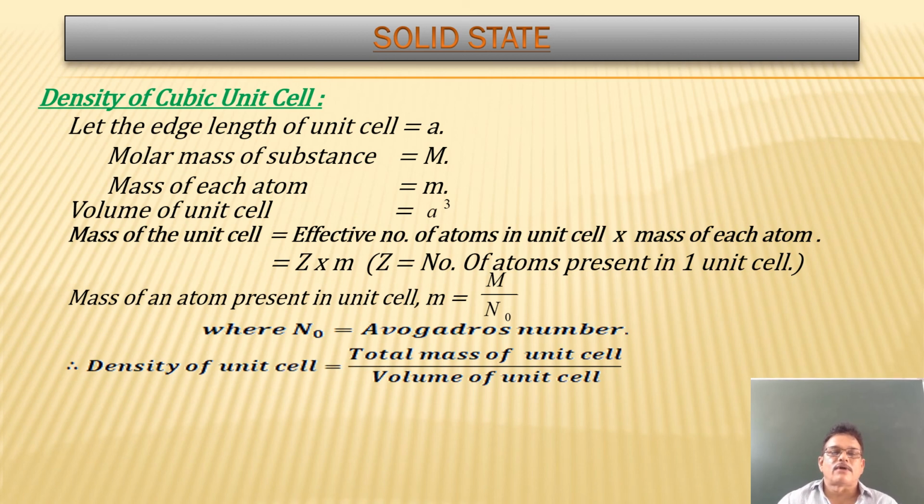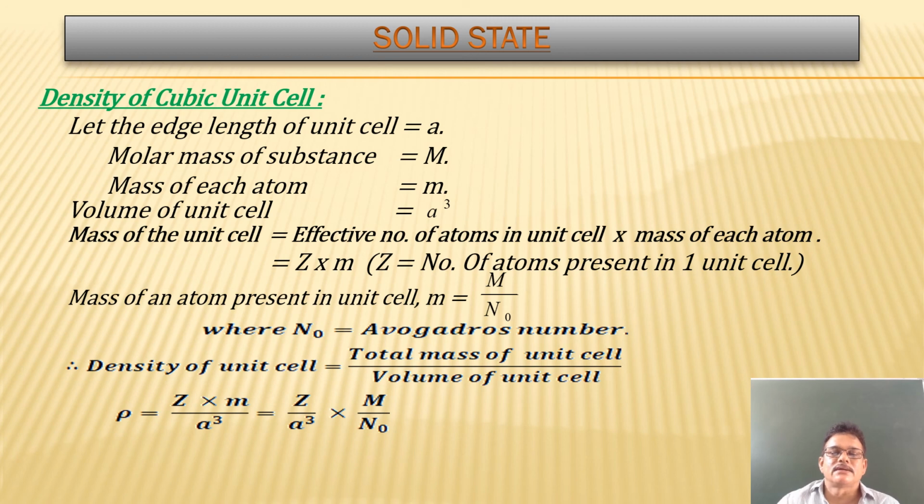So we know the formula of density. Density of unit cell is equal to total mass of the unit cell by volume of the unit cell. Therefore total mass of the unit cell is equal to Z into m. Total volume is a cube, and mass of each atom, small m, is equal to M by N naught.